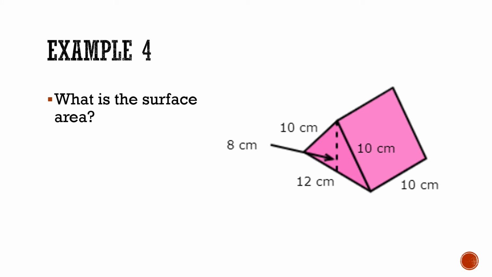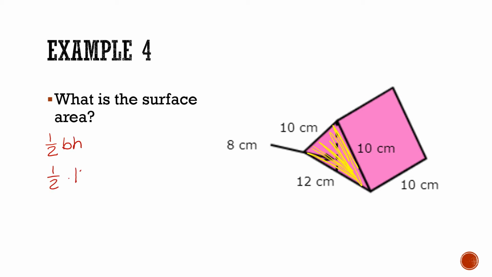Okay, we have another triangular prism here, so go ahead and pause your video and try to determine the surface area of this prism. So again, we've got a triangle here on the end, and we know we also have one on the other end. So 1/2 times base times height to find the area of a triangle.